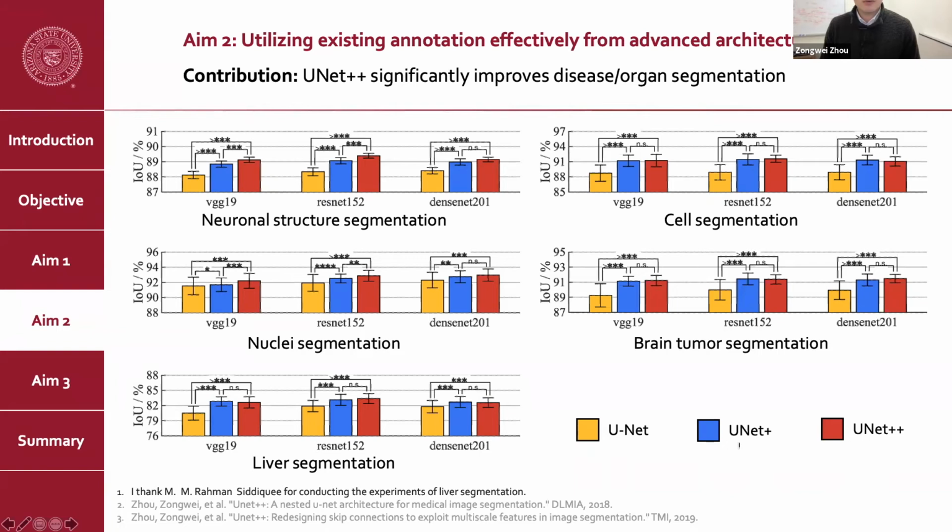This UNet Plus is a simplified architecture of the UNet++, but still can produce great segmentation results. We compare these 3 architectures using more sophisticated feature extractors, such as VGG19, ResNet 152, and DenseNet 201. Statistical analysis shows our UNet++ significantly outperformed the original UNet on every task.